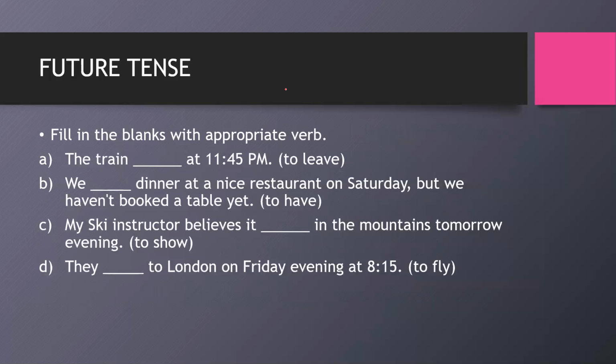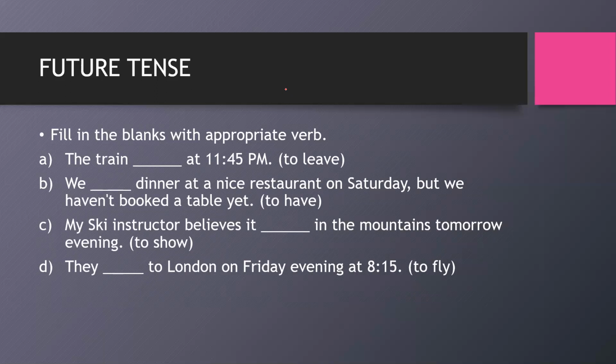So the last one is the future tense. Filling the blanks with appropriate verb. The train dashed at 11:45 p.m. Then is we dashed dinner at a nice restaurant on Saturday, but we haven't booked a table yet. Hint is written in this, but we haven't. So accordingly, you will be filling the first blank.